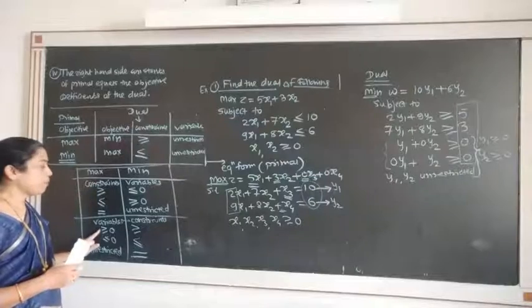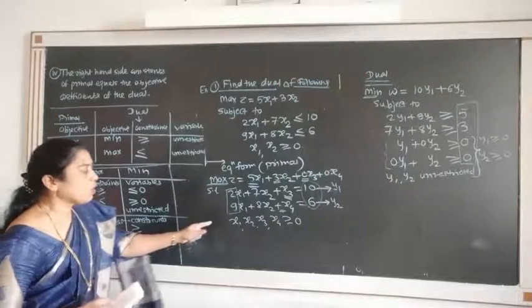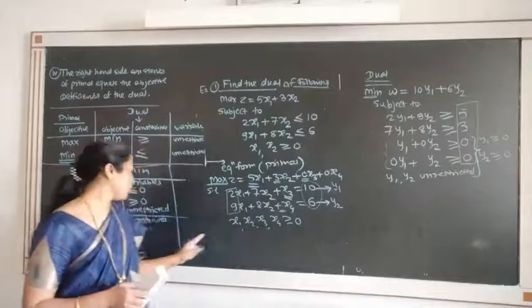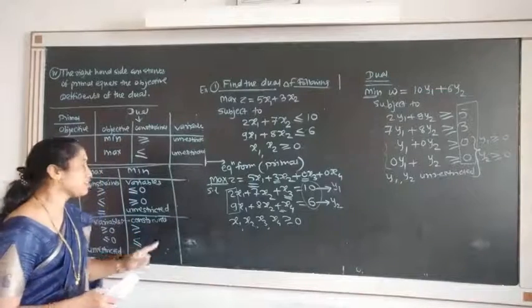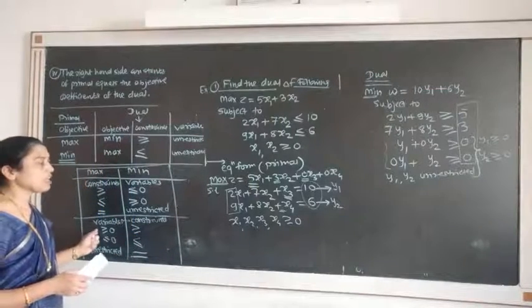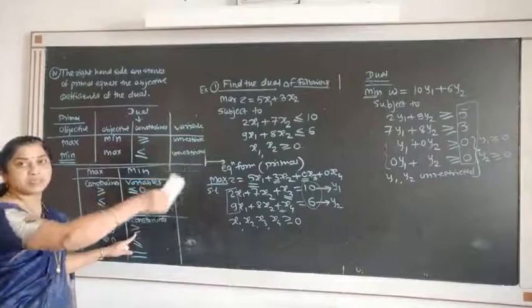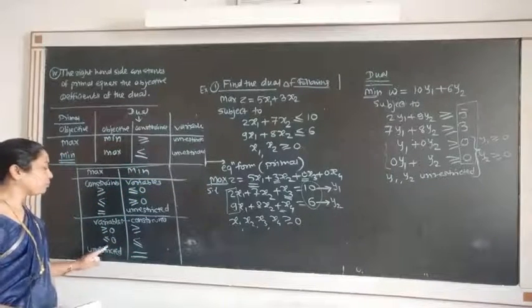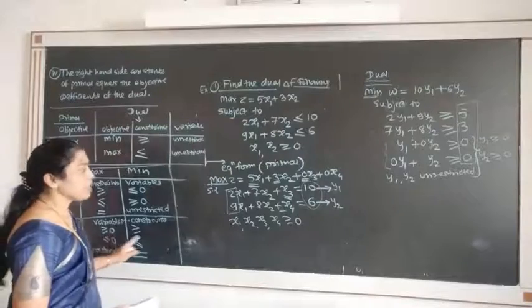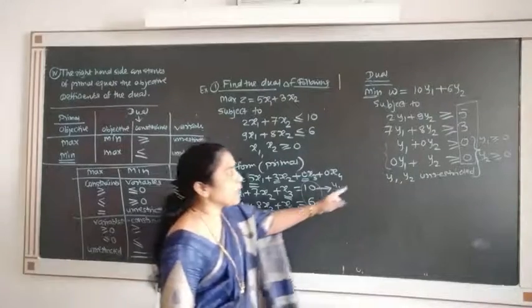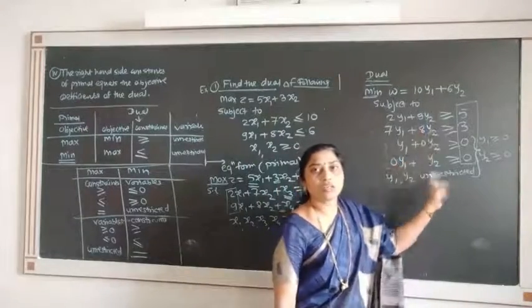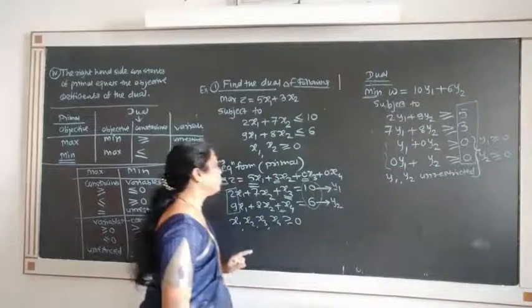If all these variables, x1, x2, x3, x4, are greater than or equal to 0, in minimization the constraints become greater than or equal to. So if the variables are greater than or equal to 0, it implies that here also all the constraints are greater than or equal to.